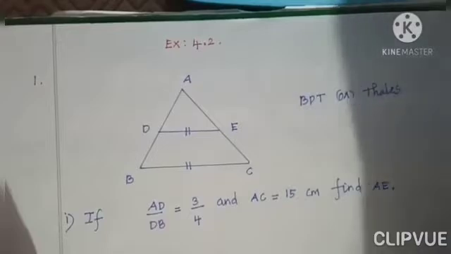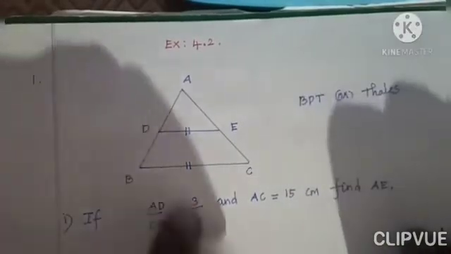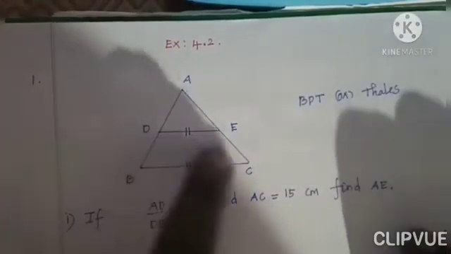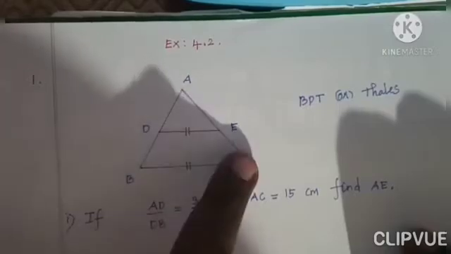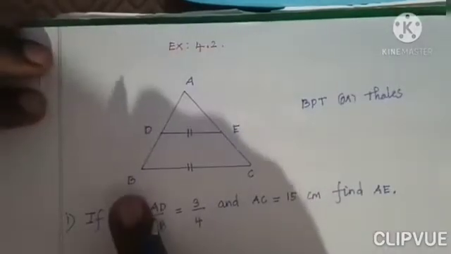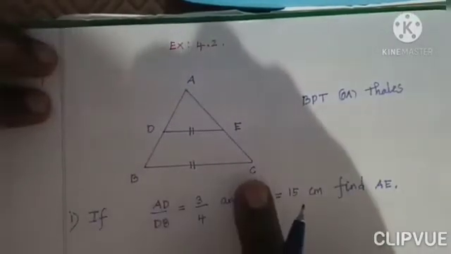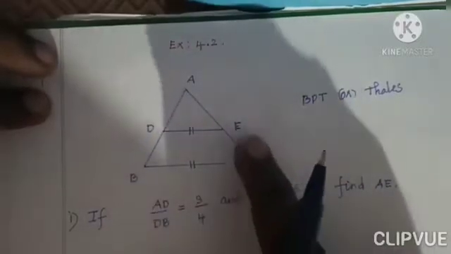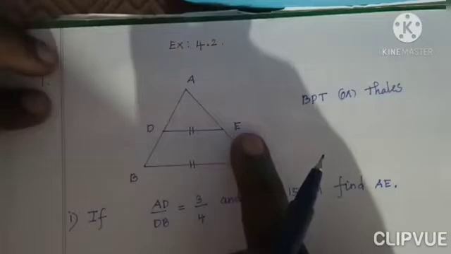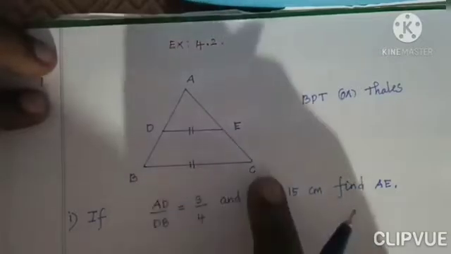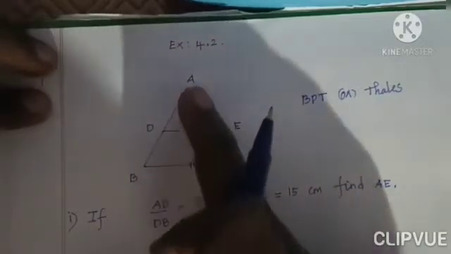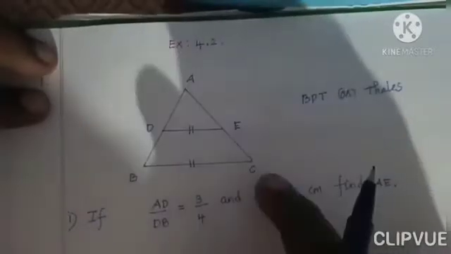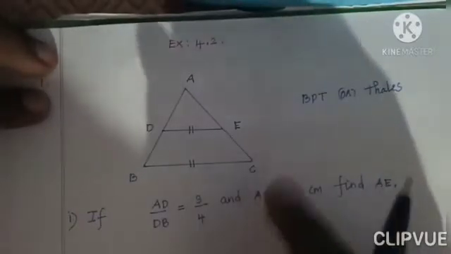It states that if a straight line DE is drawn parallel to any one side of the triangle ABC, so in a triangle ABC I have drawn a straight line DE parallel to the side BC, then it divides the other two sides AB and AC in the same ratio.